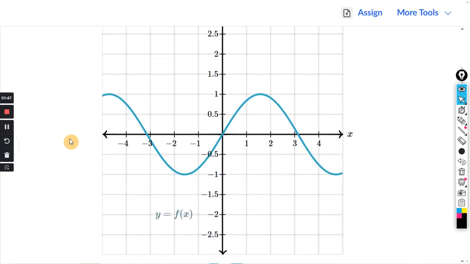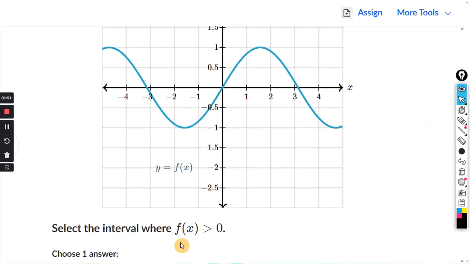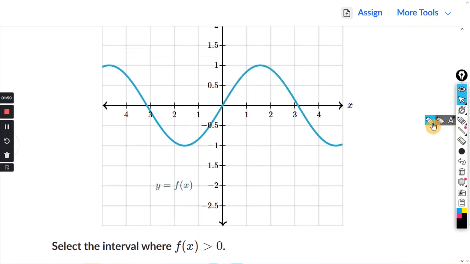All right, so here is our graph, y equals f of x. Select the interval where f of x is greater than 0. Remember we said f of x is just another way of writing y. So we're looking at the part of the graph where y is greater than 0. We can just highlight it.